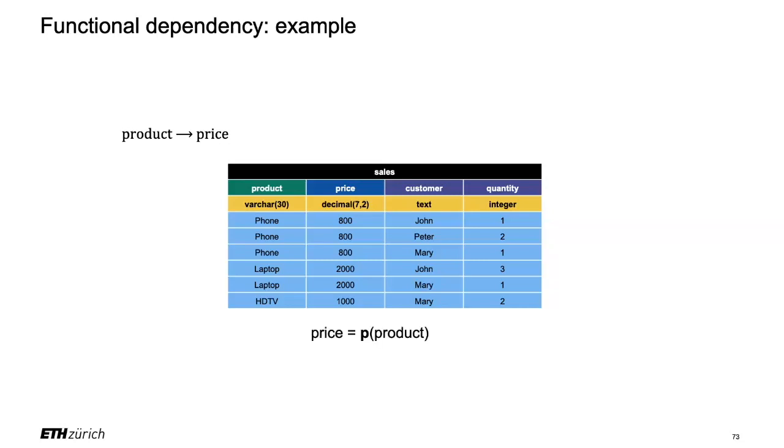And that function should be easy to see, right? Phone is mapped to 800, laptop is mapped to 2000, HGTV is mapped to 1000, right? And because we have a function and we can express the price as P of product, where P is my function, that's the one below, then this is a functional dependency.